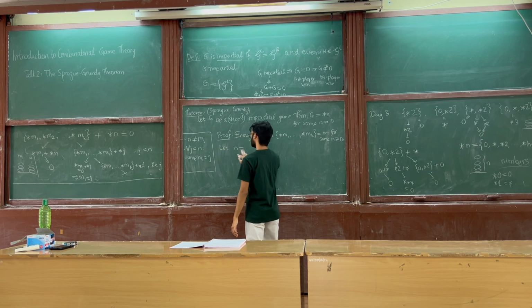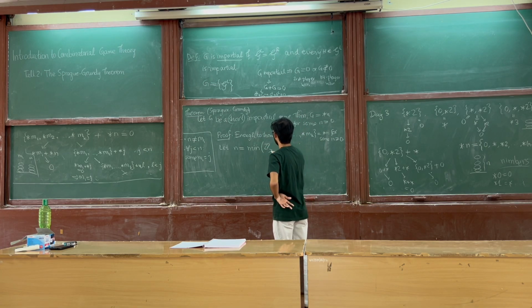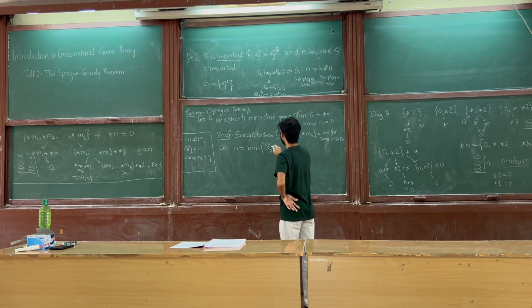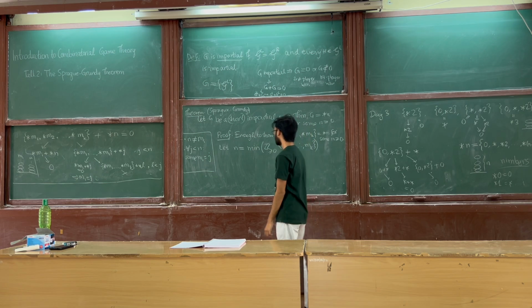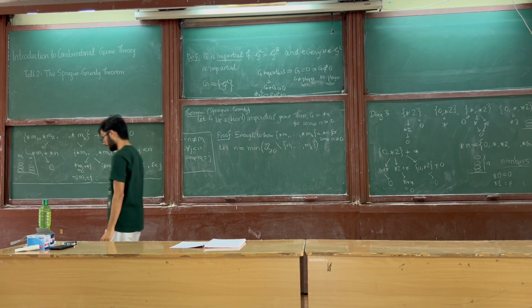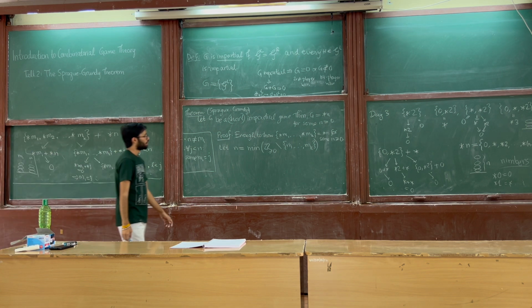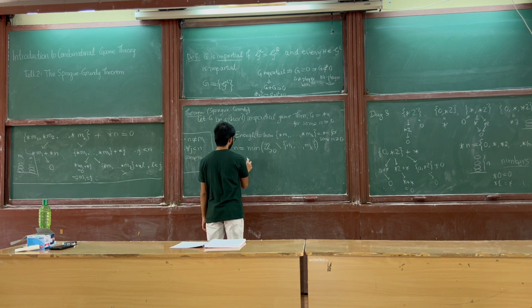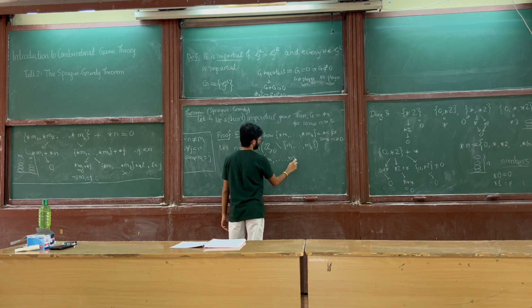Anyway, so let n be the smallest non-negative integer that is not one of the mi's. That's exactly what we want. And in other words, this is the standard terminology.